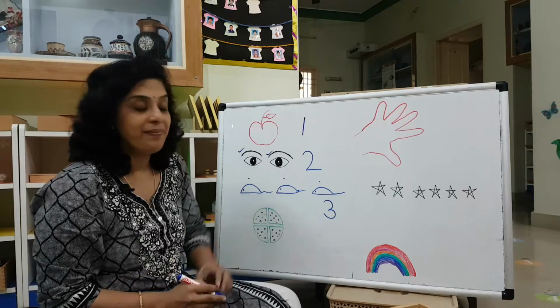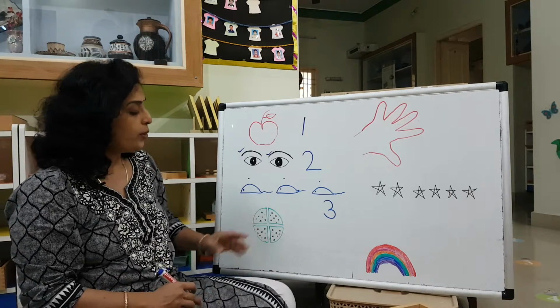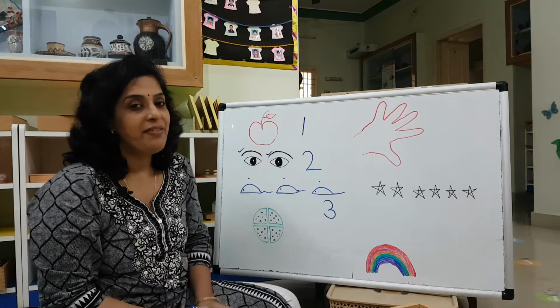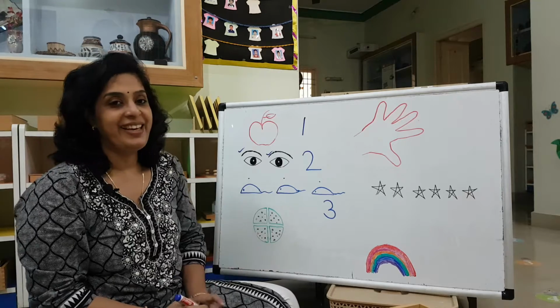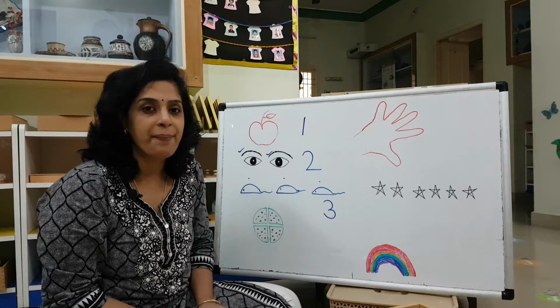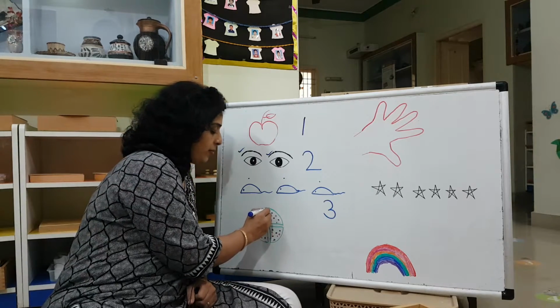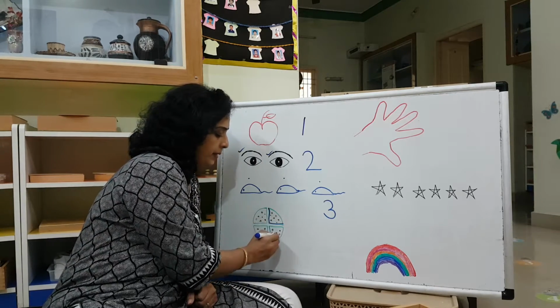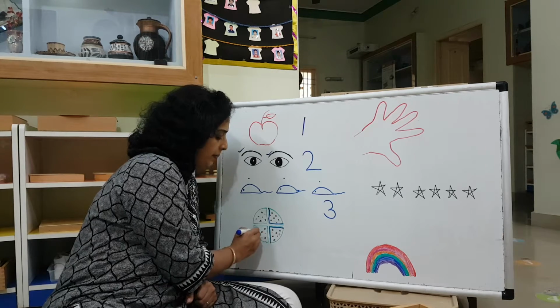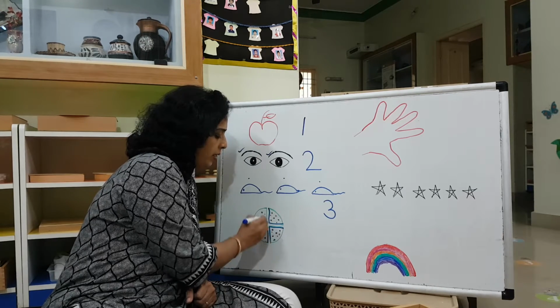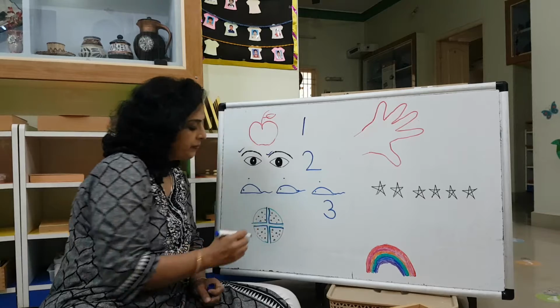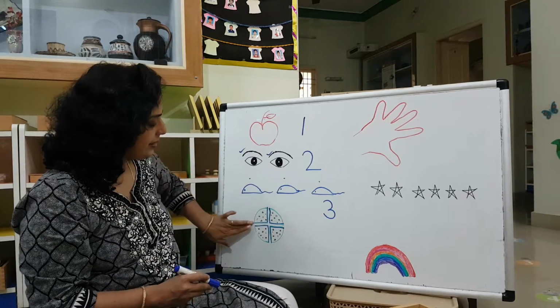Okay? 3. Next one. What do we have here? We have a pizza, is it not? Yes. Who doesn't love a pizza? Now, how many pieces are there in a pizza? Can you see? There's one piece here. Then there's another piece here. One more here. And another one here. Let's count how many pieces are there.